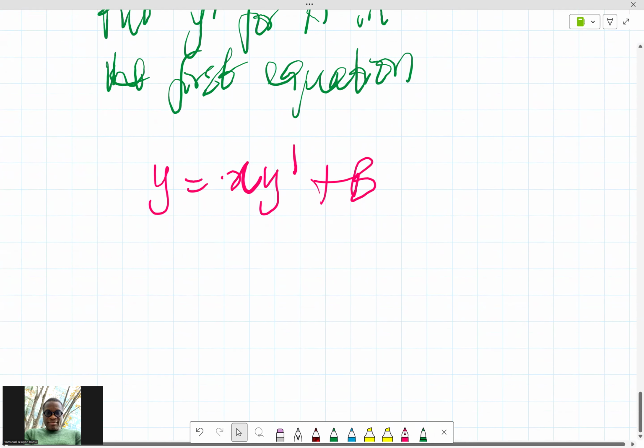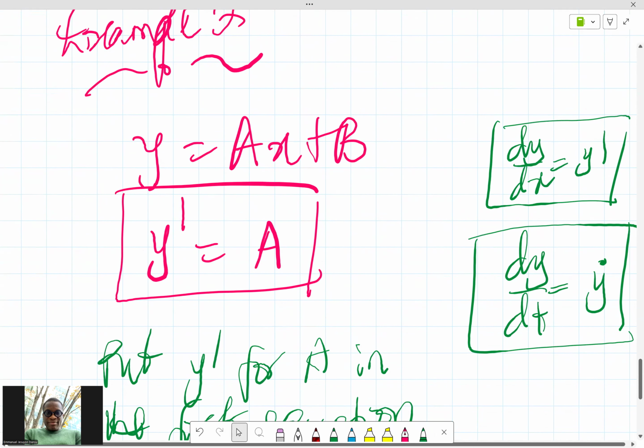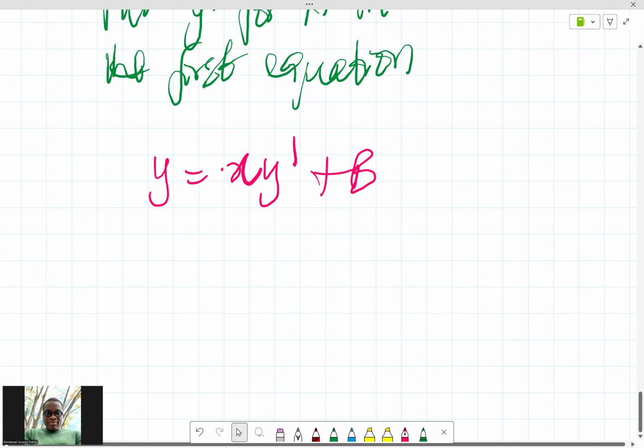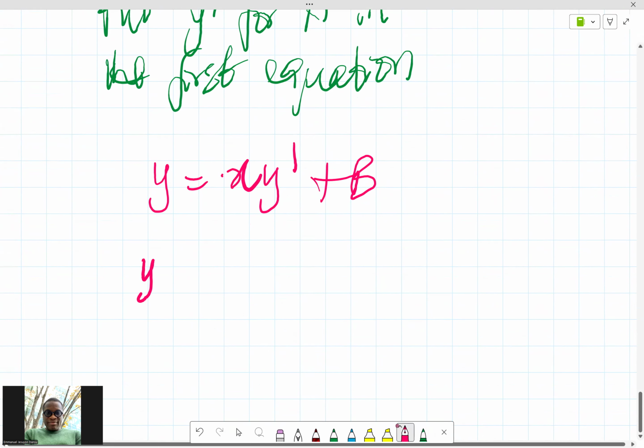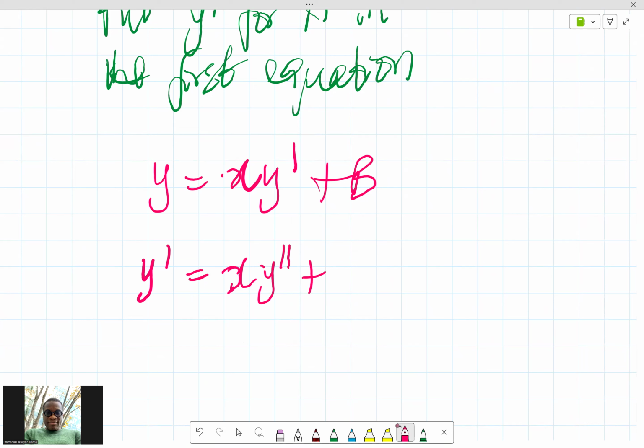So if we differentiate the second time, we have y prime equals, now this can be done in two ways.